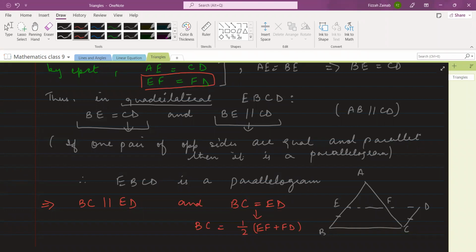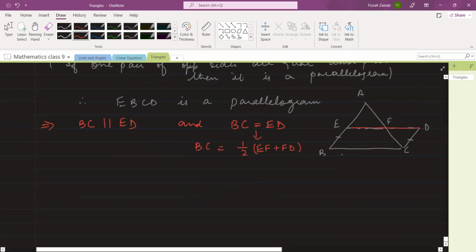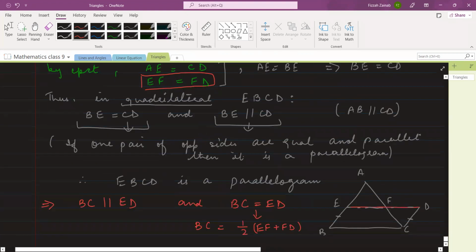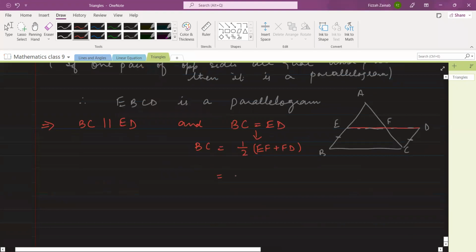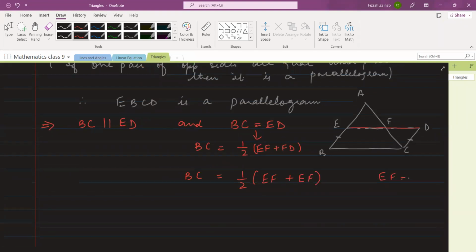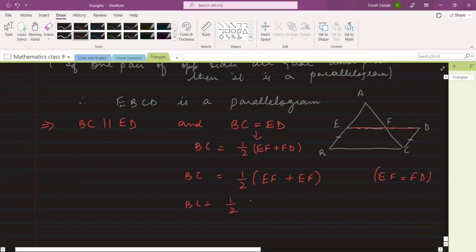The whole side ED, this complete side, I'm writing as EF plus FD. Any problem? You can mark this as result number 2. From result number 2, I can see that EF is already equal to FD, right? So I can write BC is equal to half of EF plus EF, because EF is equal to FD. Is that clear? So BC is half of, and this becomes 2EF, correct?